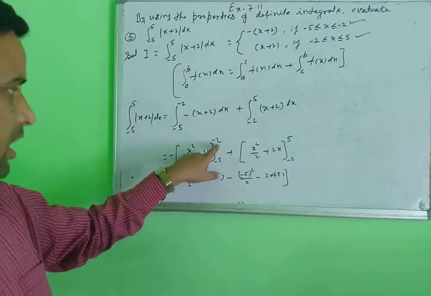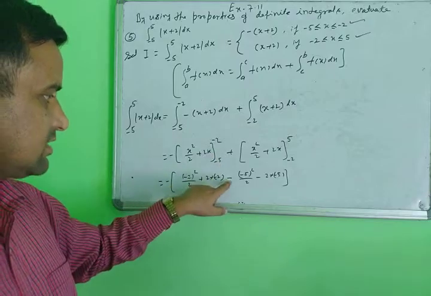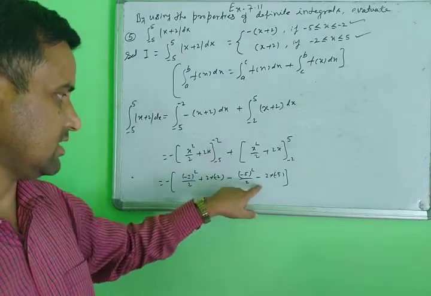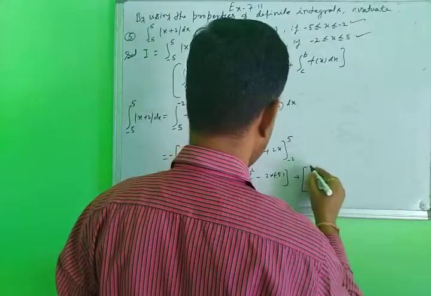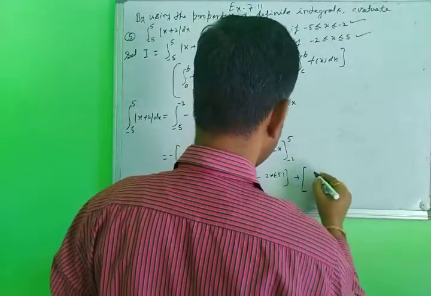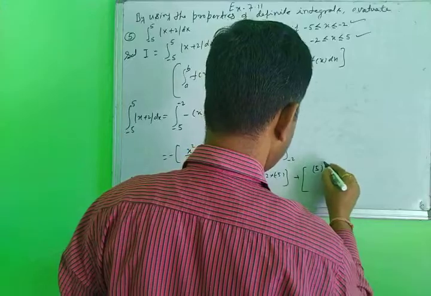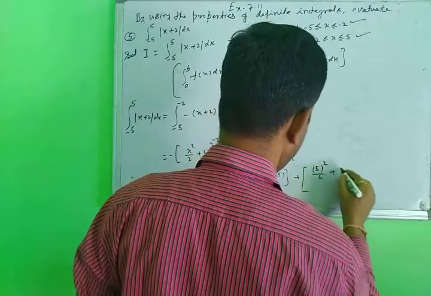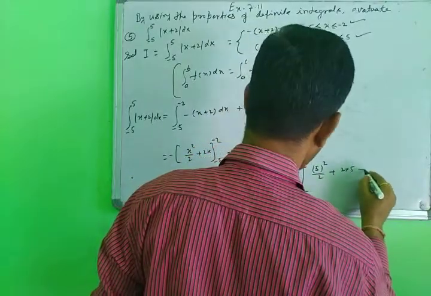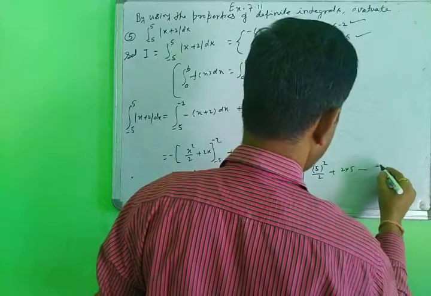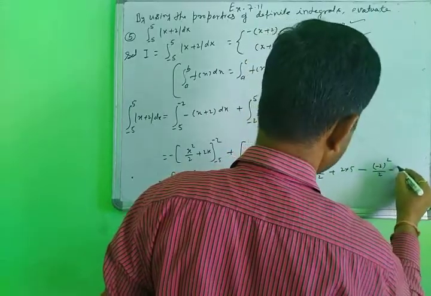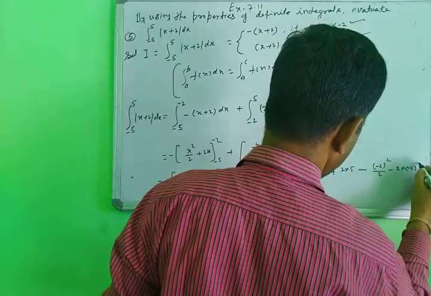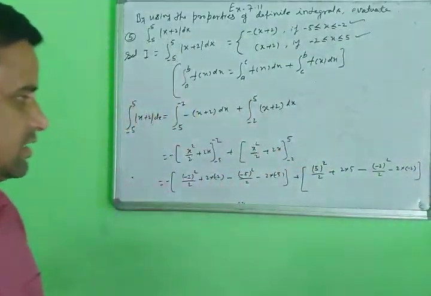This is the upper limit, and then minus the lower limit. Same thing here, plus 5 squared upon 2 plus 2 into 5, minus 2 squared upon 2 minus 2 into -2. Then you get the answer.